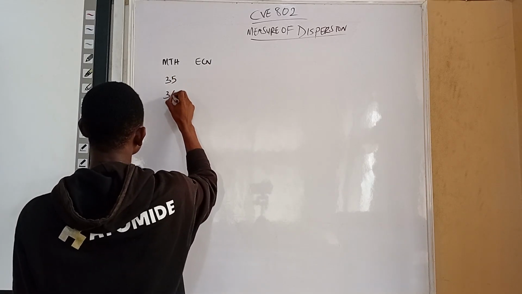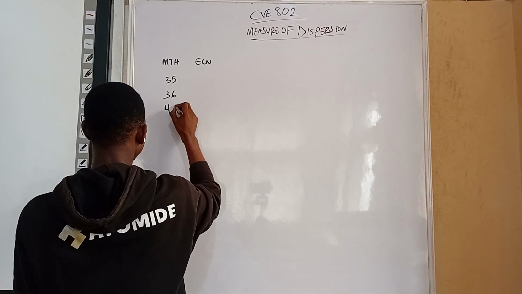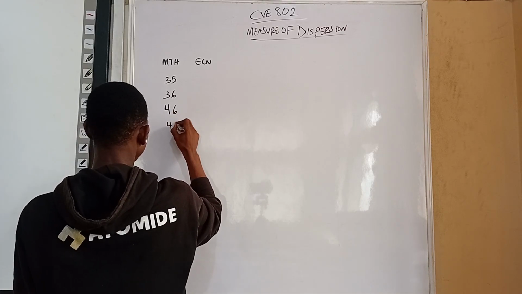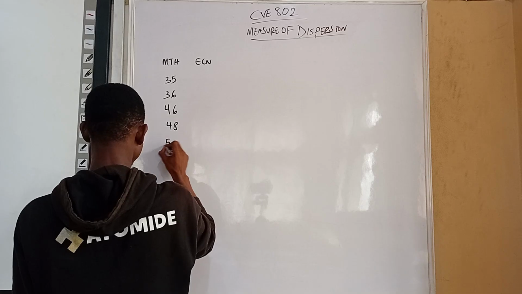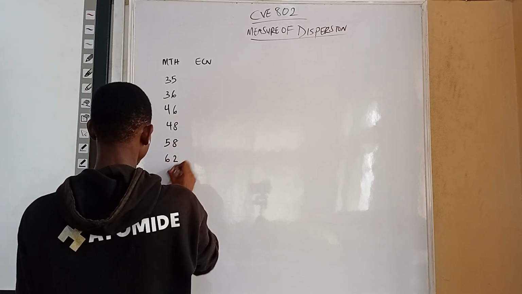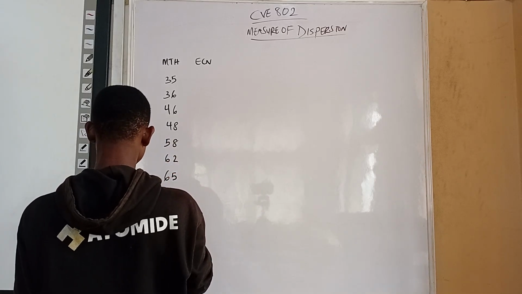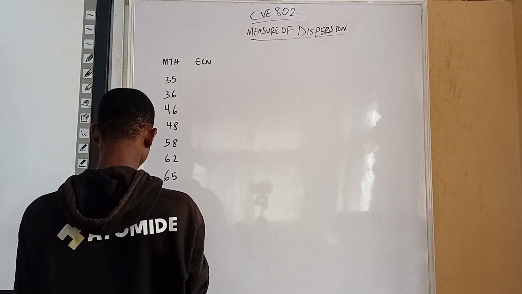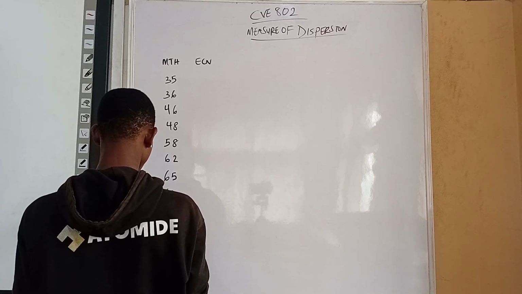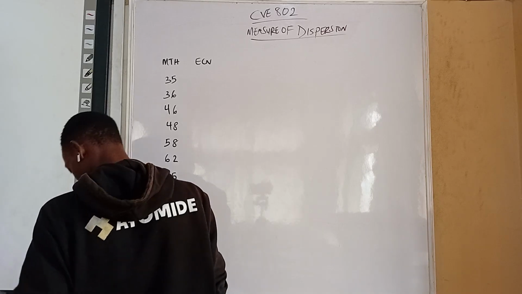For the 10 students in mathematics, we have 35, 36, 46, 48, 58, 62, 65, 68, 78, and 84.